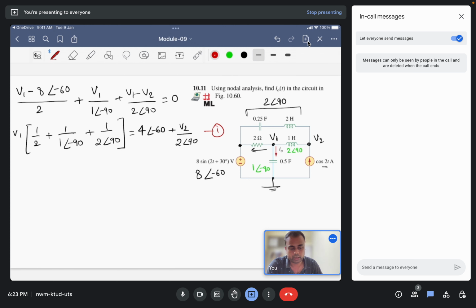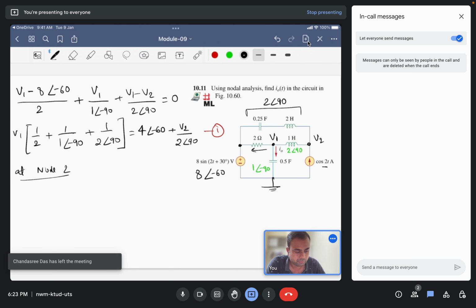We need one more equation to solve, so let us write for the other node, that is node 2, V2. The directions of current are here in these three fashions.